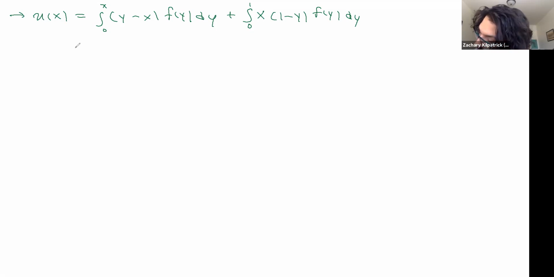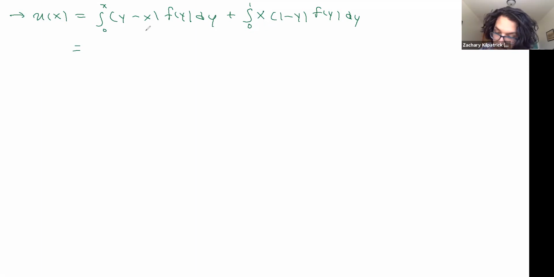Okay. So the next thing I'm going to do is take this part here and split off the part from 0 to x, and combine it with this part here, okay?